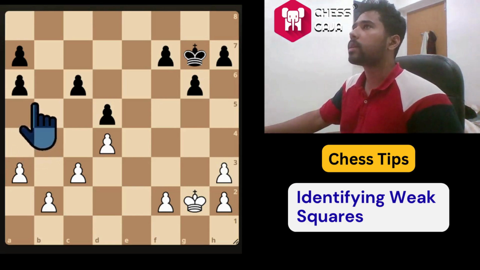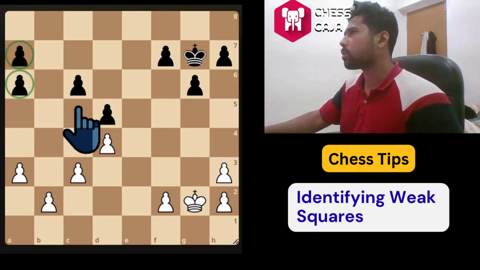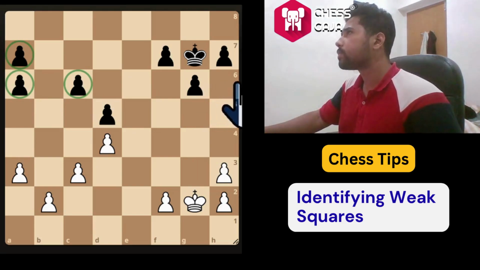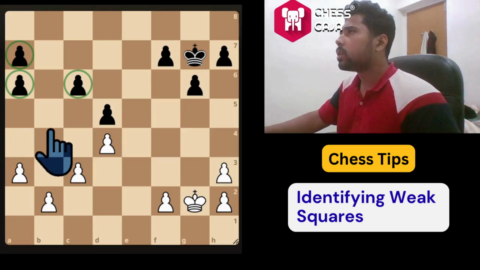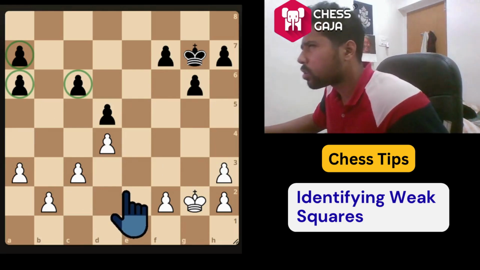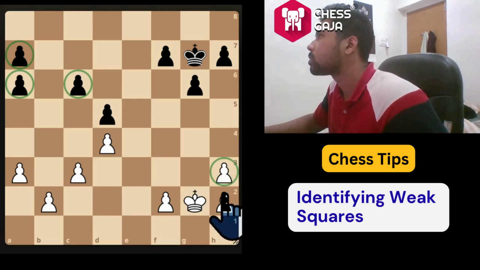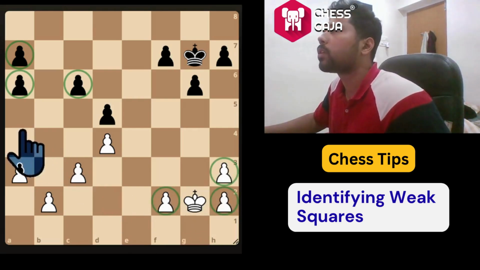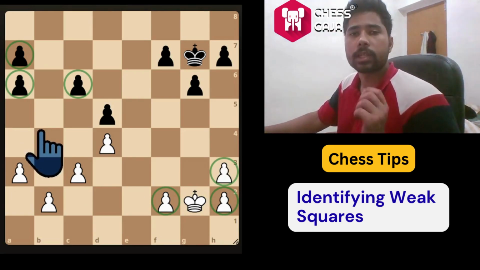For example, the weak pawns here in black's camp are the a7 and a6 pawns and the c6 pawn, and there are also weak pawns in white's camp, which are the h3 and h2 pawns and the f2 pawn, and these weak pawns always possess a weak square in front of them.